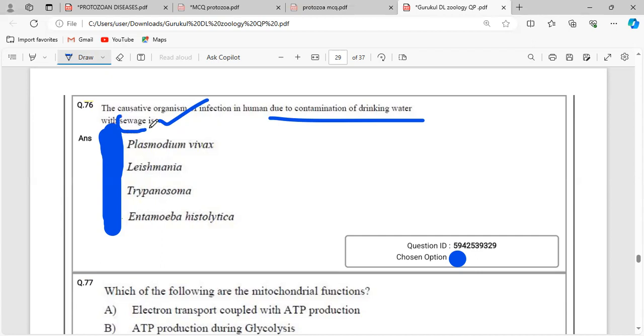Look at this word, sewage. Anjaneyulu, answer.